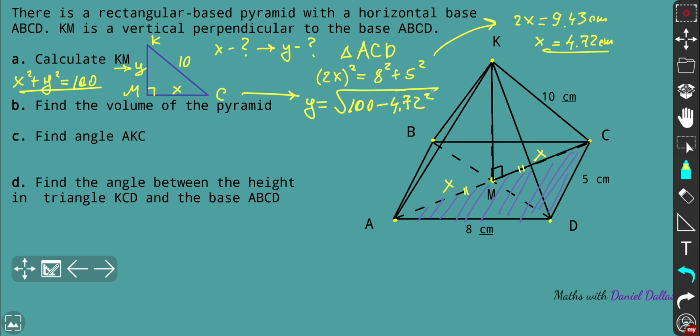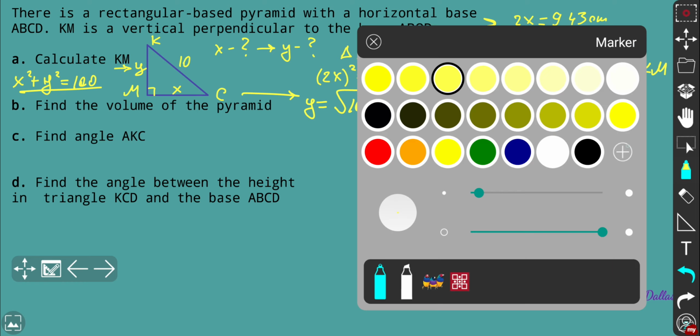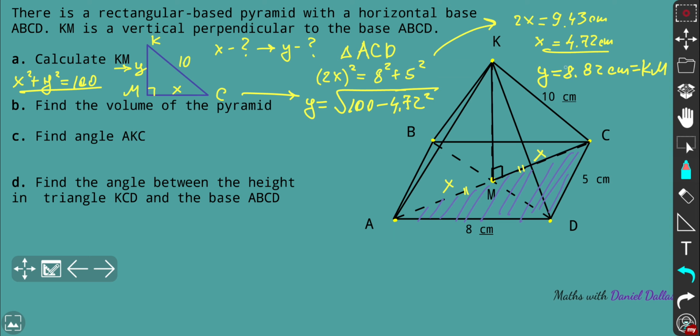We have 100 minus 4.72, which is also squared. Okay, I arrived at the answer Y equals 8.82 centimeters. That stands for KM, and I circle this answer because that's the first answer, for question A.